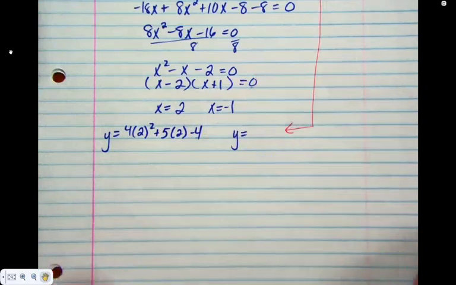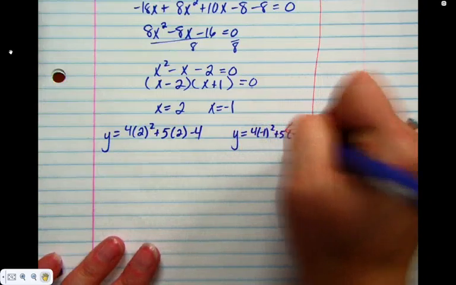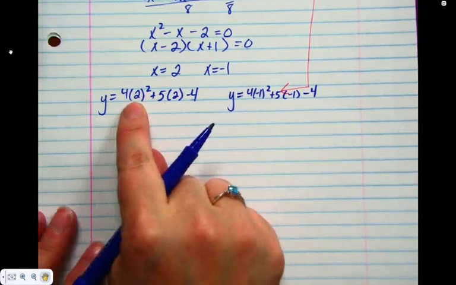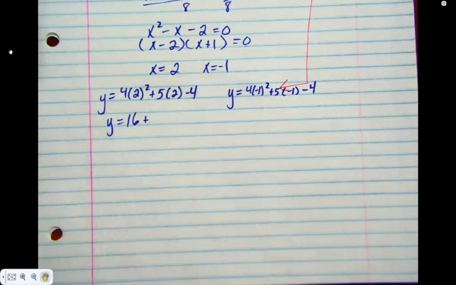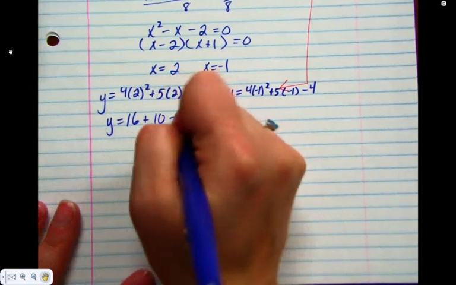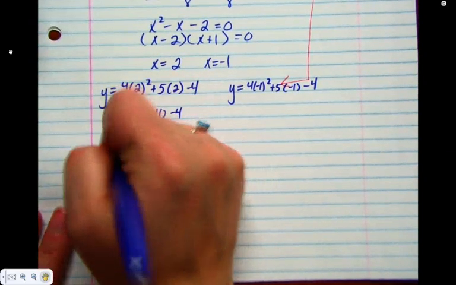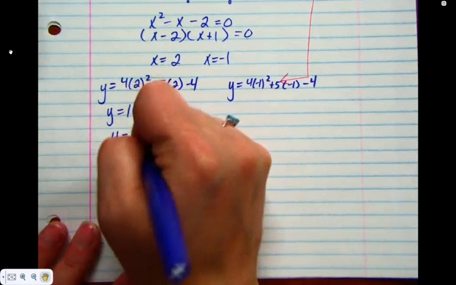I tend to do them both at the same time, so I'm going to plug in the negative 1 as well. 2 squared times 4, 5 times 2, 16 plus 10 minus 4. That gives 22.